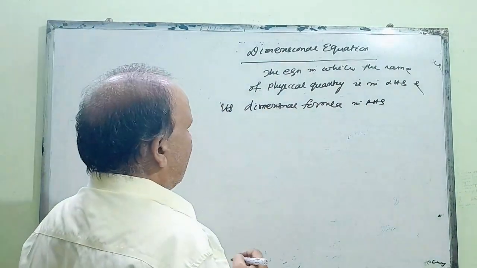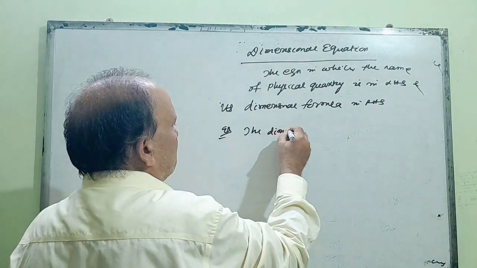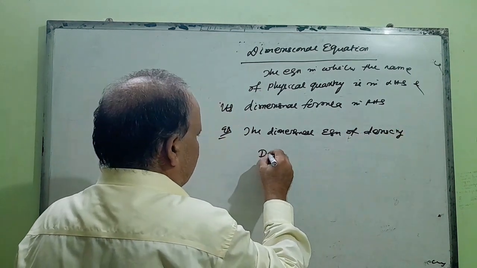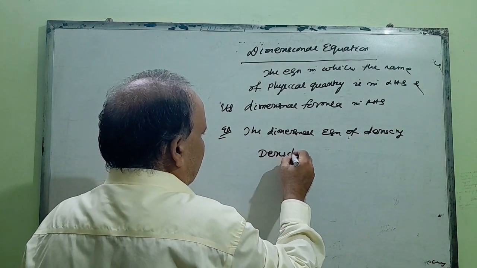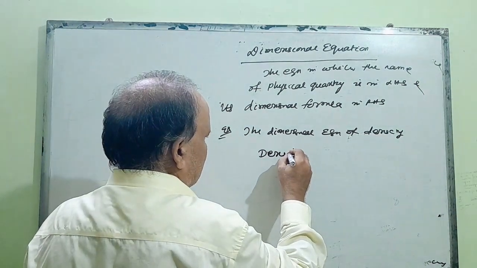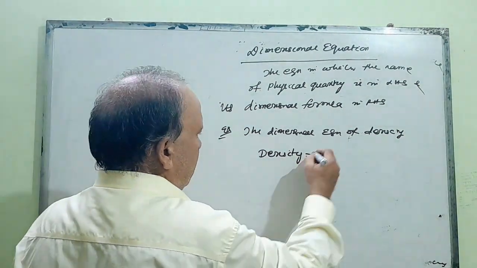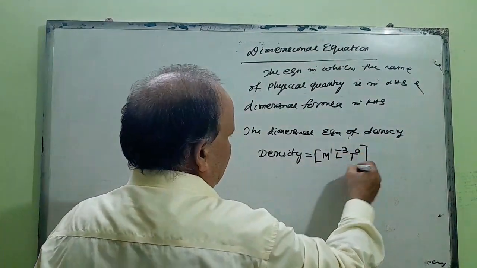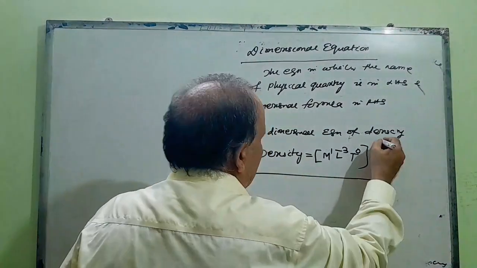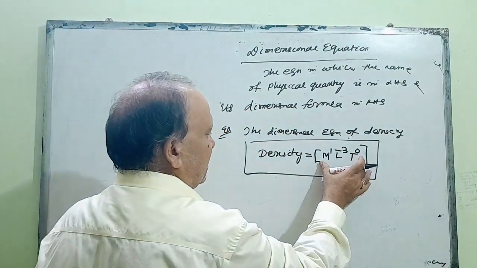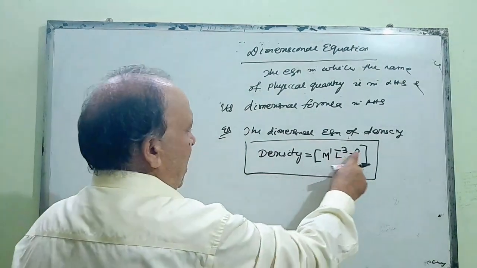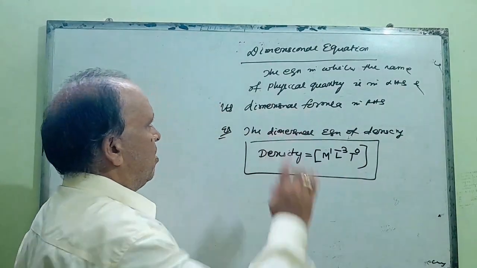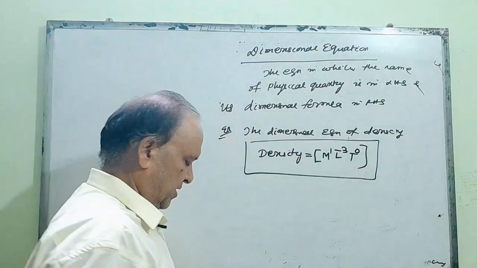So, if we ask you what is the dimensional equation of density, you write density is equal to, this is the name, the dimensional formula, M^1 L^-3 T^0. This is its dimensional equation. It is only its dimensional formula, but 1, -3, 0 are the dimensions of a density. You remember all this. This is the dimensional equation of a density.